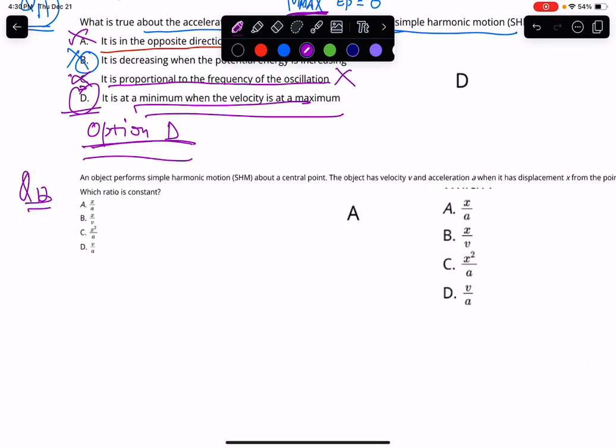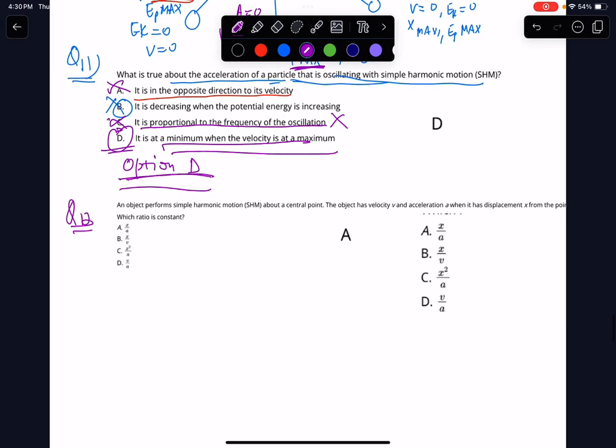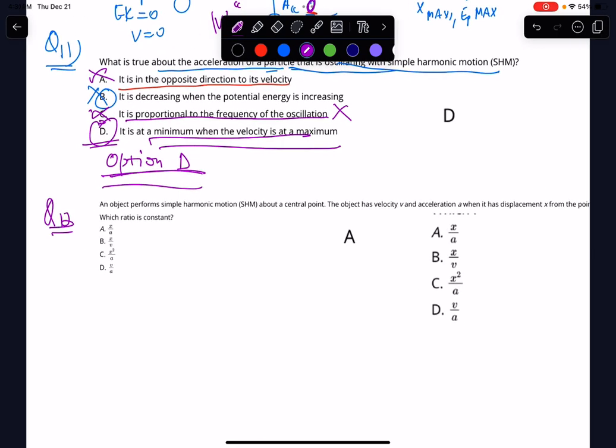Now we can look at question 12. All right, so let's see how to go about it. This should actually be "from the point"; I think that got taken out.